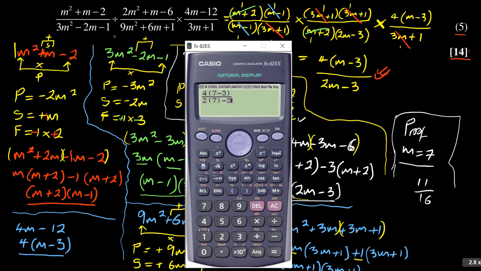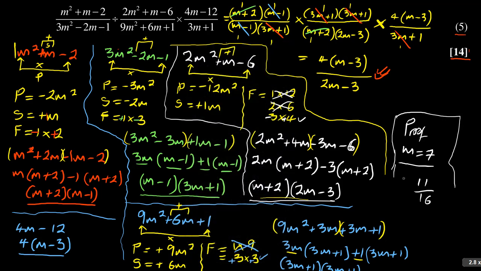So you see, I put 7 in the first one and I'm putting 7 in the last one. If I'm getting the same answer, actually it was 16 over 11, not 11 over 16. If I'm getting the same answer, it means I have managed to factorize and reduce this thing into its simplest form. So it was 16 over 11.